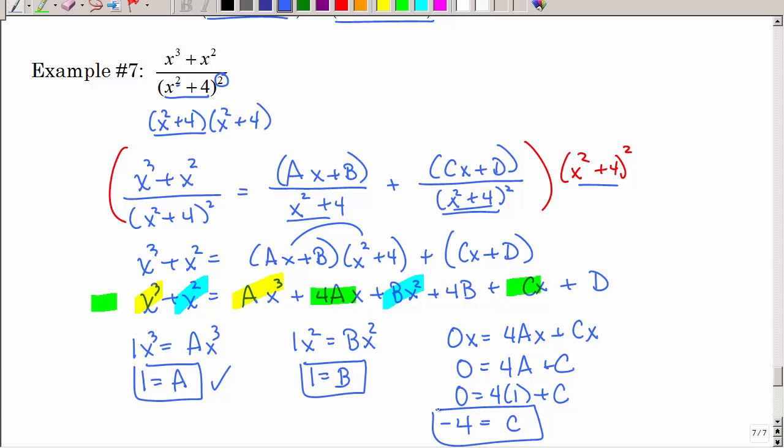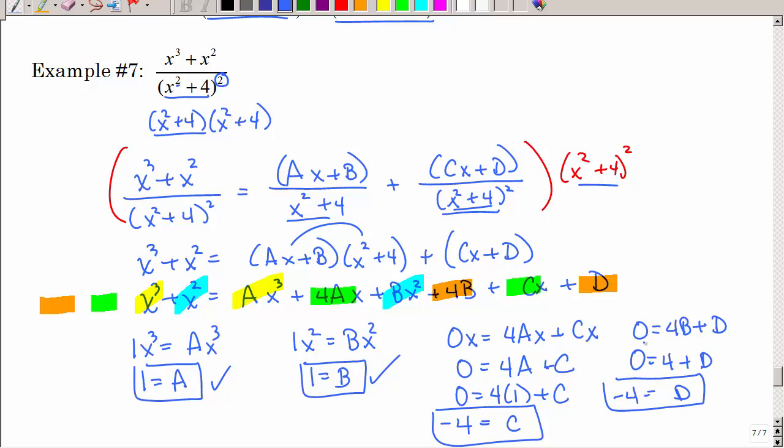I just need d. Well, how about my constants? So back to my constants, running out of colors. Let's see, so constants, I have no constants there. Constants are things that don't have x's. There you go. So I have 0 equals 4b plus d. I know b is 1. So d is negative 4.